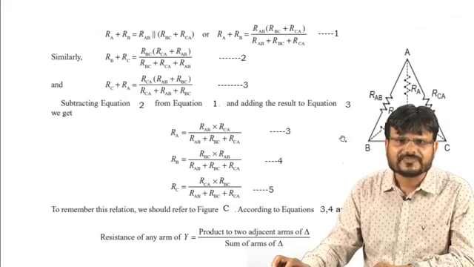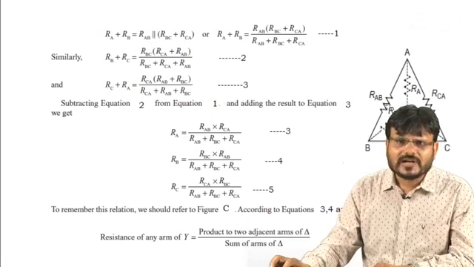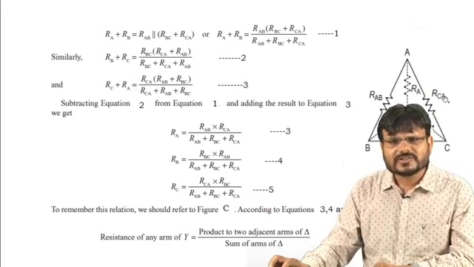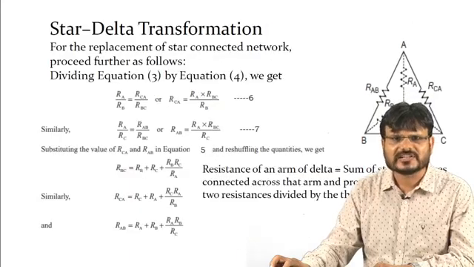Similarly, suppose you have to calculate RB. RB is equal to RAB into RBC upon RAB plus RCA plus RBC. Similarly, RC can be calculated as the product of RCA and RBC upon RAB plus RBC plus RCA.